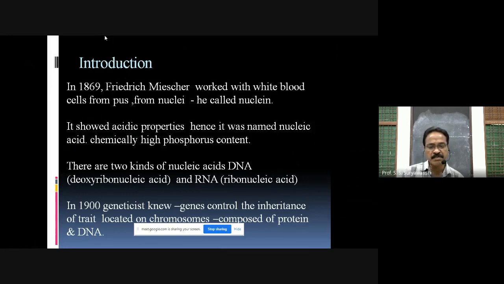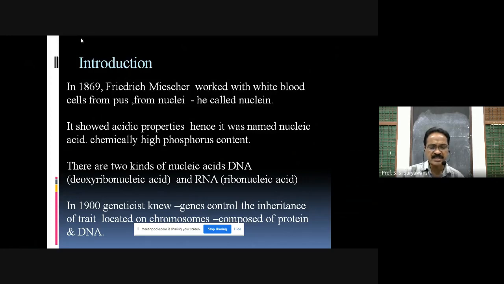He worked with white blood cells from infected pus, that is, from their nuclei. The extracted material he named nuclein, and this nuclein has acidic properties, so it was named a nucleic acid.